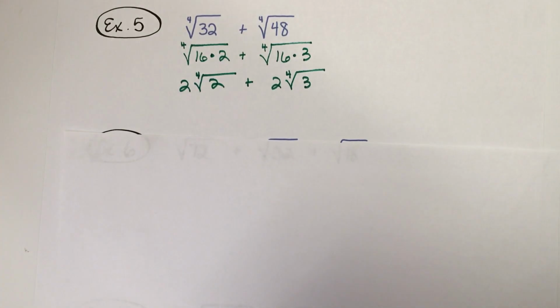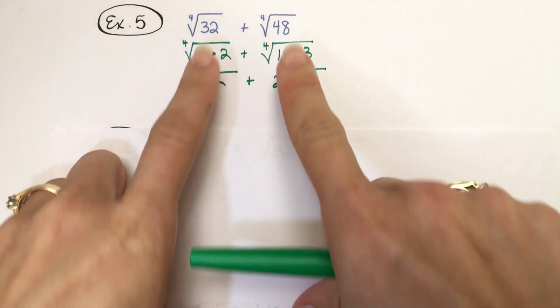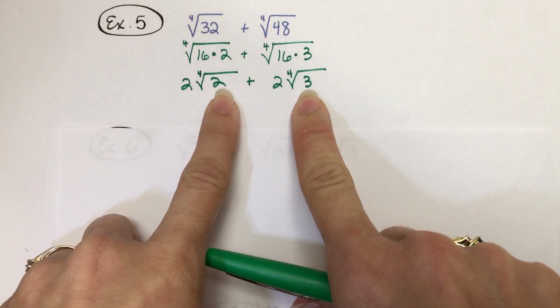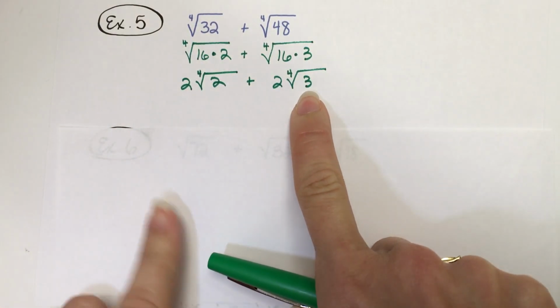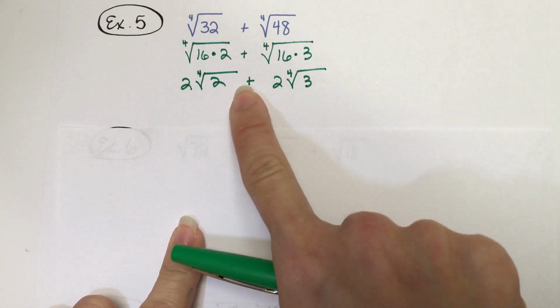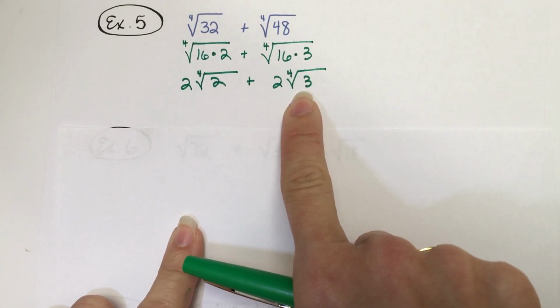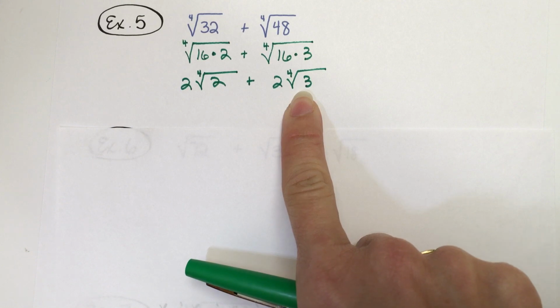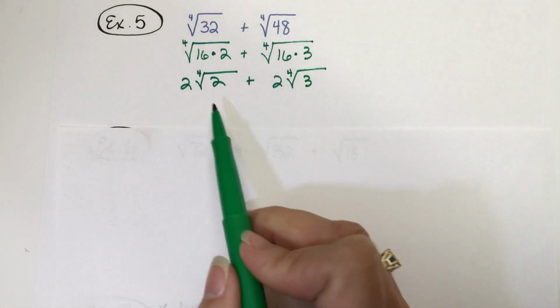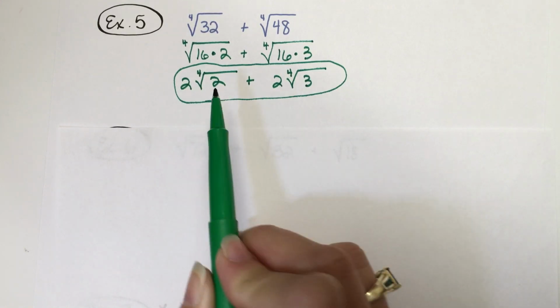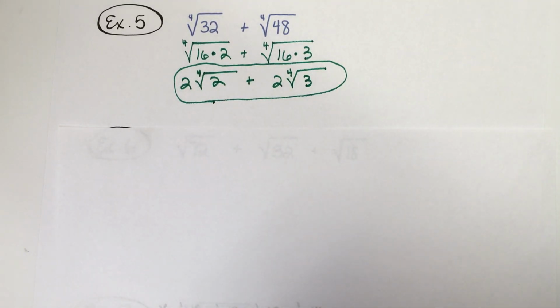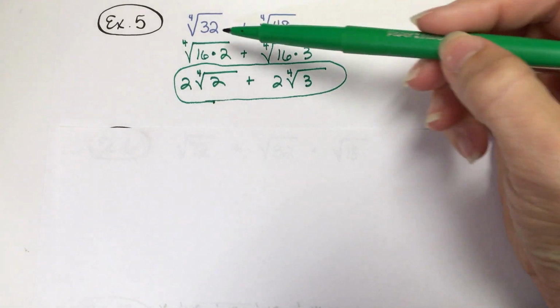Okay, but now you still can't add. Even though I was able to simplify both of these, this one left a 2 underneath, this one left a 3 underneath, which means you cannot add these. Okay, now when you're checking your answer in the back of the book, they'll actually, I think, just list this as the answer instead of saying not possible, because you did do something to it.